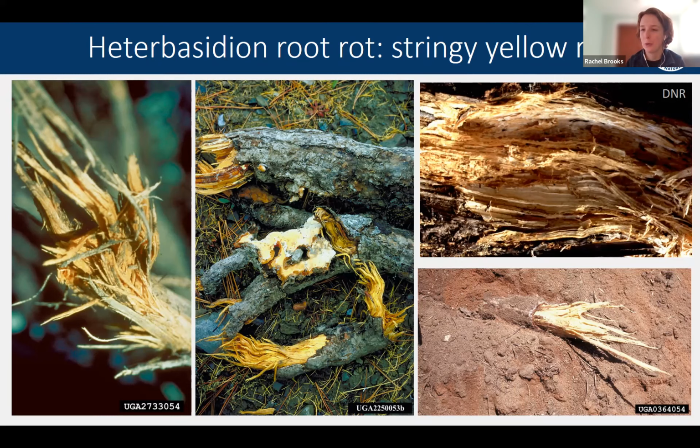There are times when you will want to know about a tree, but it's tricky with root rots because I've been on properties before and someone really wants to know if a specific tree is infected at the edge of a root rot pocket. And it's tricky because I want to dig in and look, but if I don't find any signs of rot, it doesn't mean the tree's not infected somewhere else in the root system.